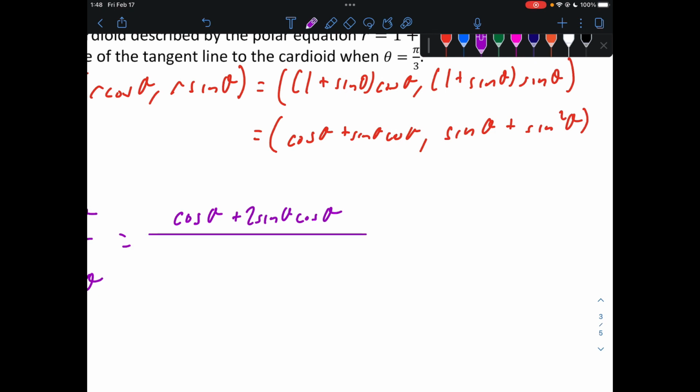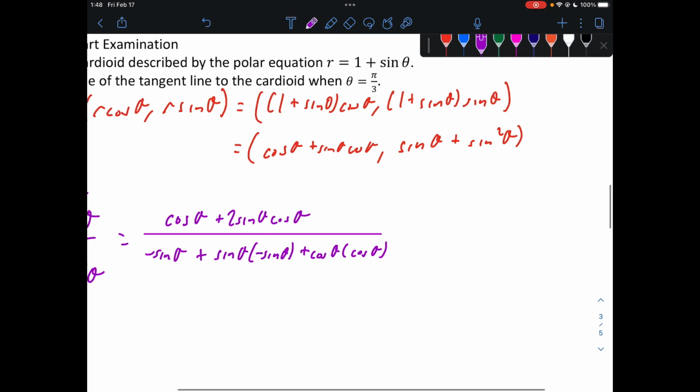All over dx/d theta, so the derivative of this. The derivative of cosine is negative sine plus the derivative of sine cosine. We need a product rule for that, so that would be sine times negative sine plus cosine times cosine.